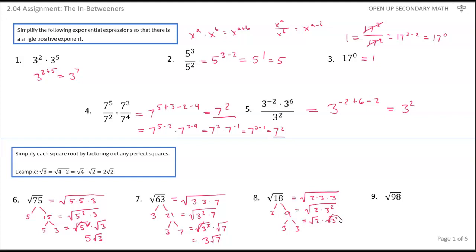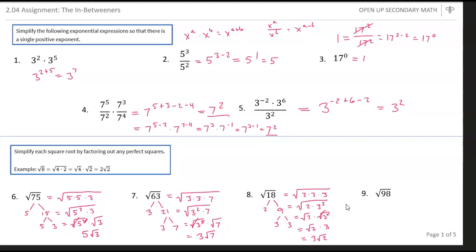We can cancel the square and the square root. And we get root 2 times 3. You may also see this written as 3 root 2. We often put the whole number out front, but these are the same answer. They're both correct. You don't have to write it one particular way. You just may often see it this way.